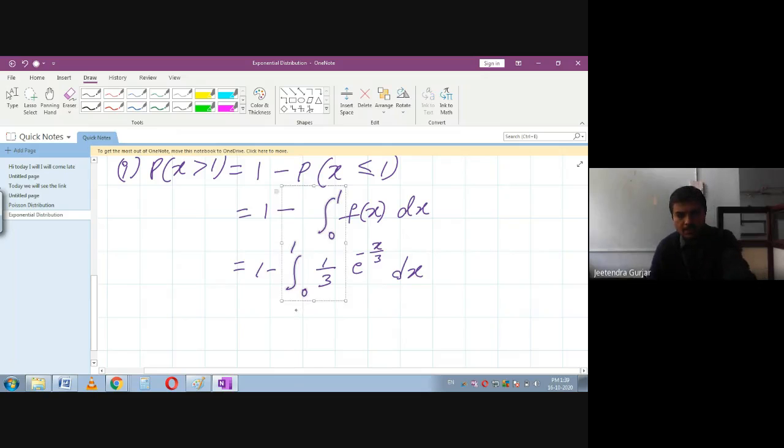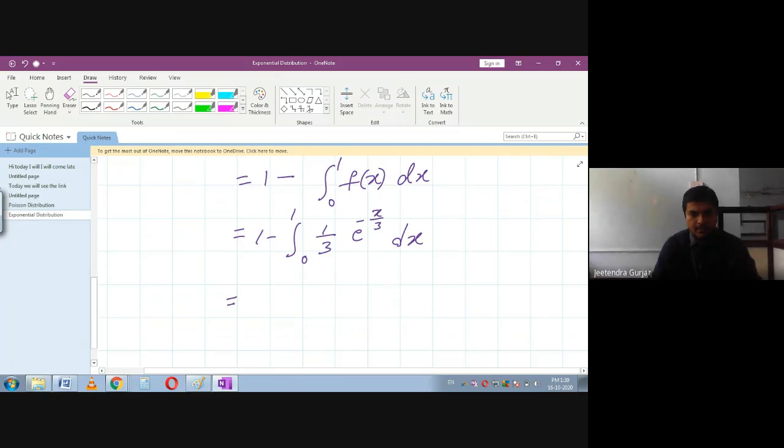So you know this integration already, students. It is given by 1 minus 1 upon 3, keeping the 1 upon 3 outside, times the integration of e raised to minus x upon 3.